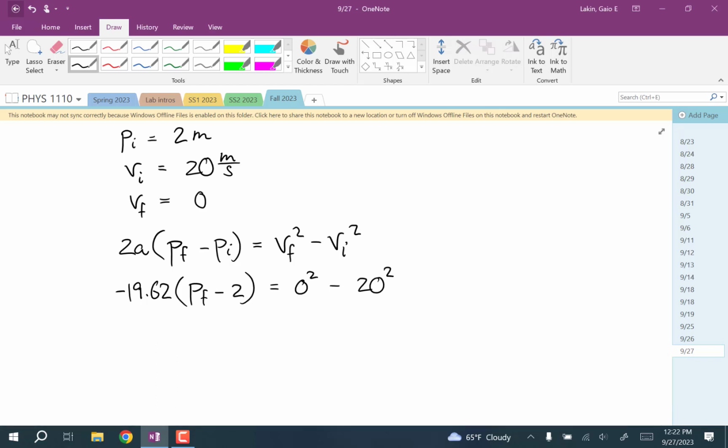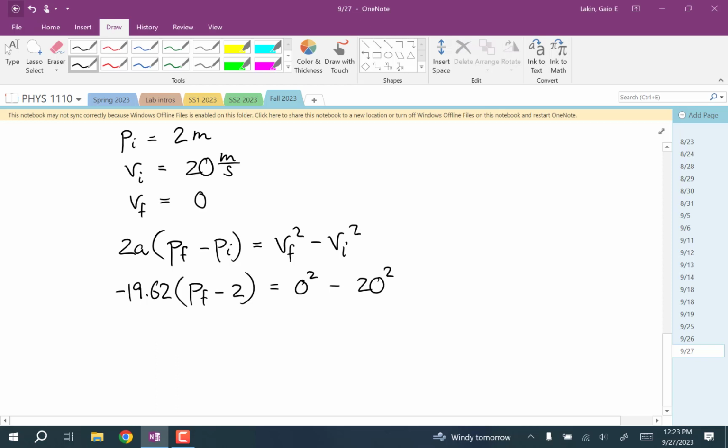And then the second thing is this negative 19.62 is multiplied. You have to distribute that if you're going to multiply this. So I had people write it like this and then write negative 19.62 times PF minus 2. But that's not how it works.